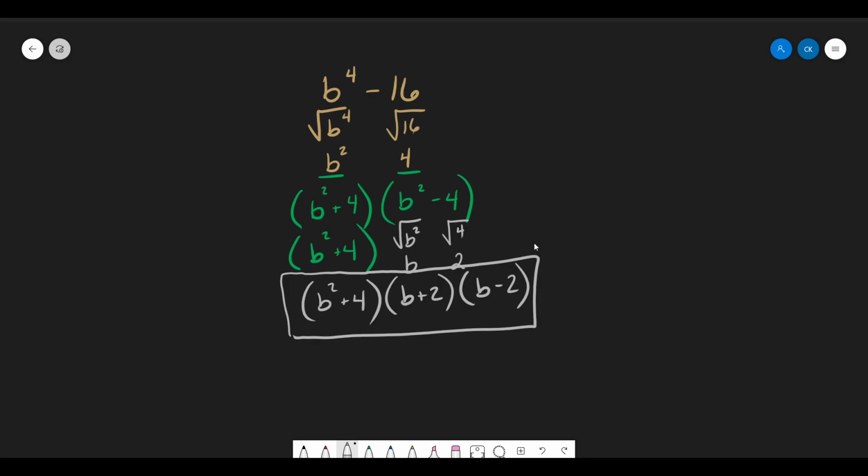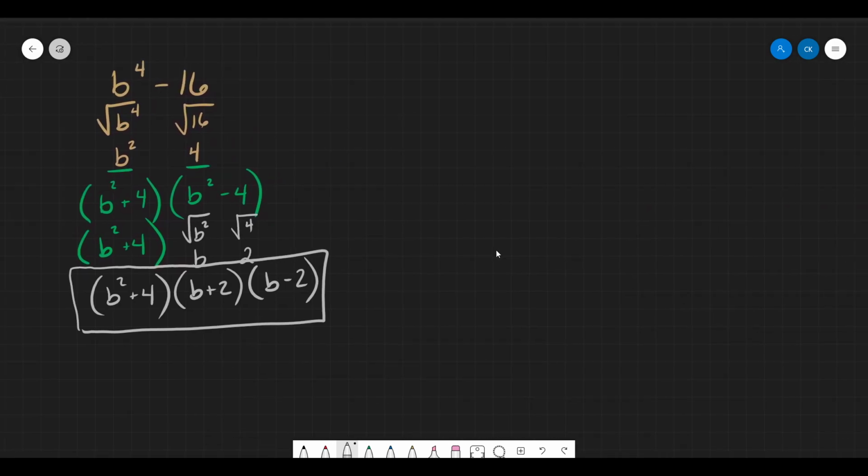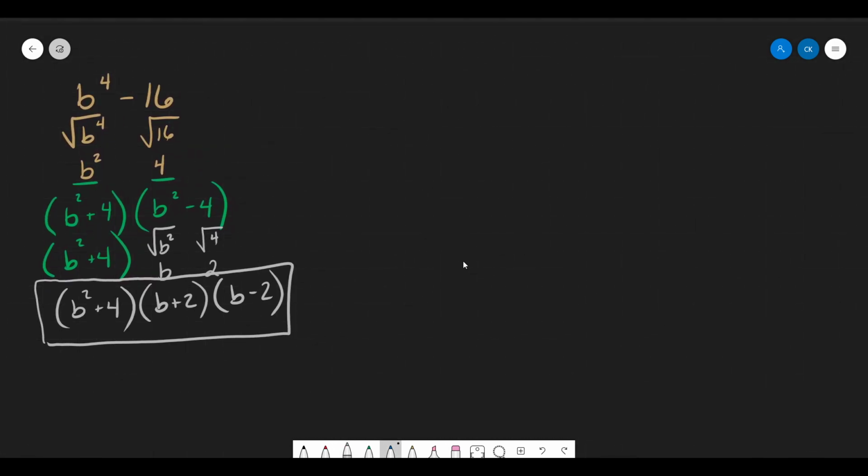Okay? So let's try another one. Same concept, though. Let's say I had 625 minus x to the 4th. So same idea. I see that it's a binomial. There's no GCF. But I should recognize that they are both perfect squares.